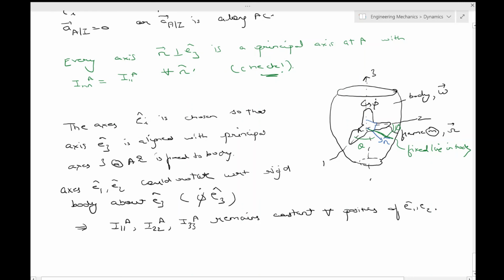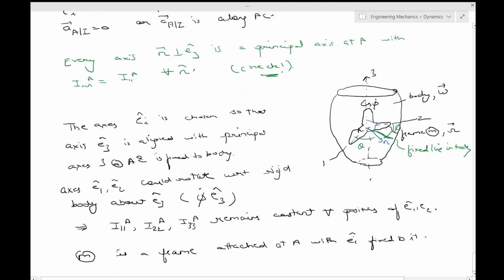Okay. Now let M be the frame which is attached at A with E_i fixed to it. So E1, E2, E3 are rotating.